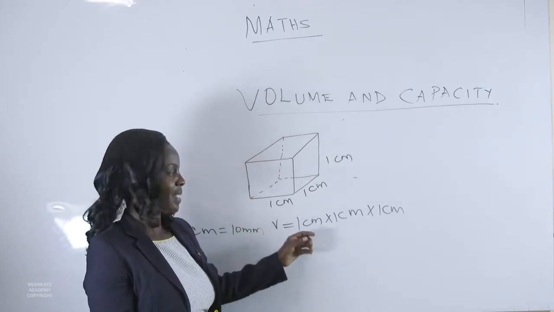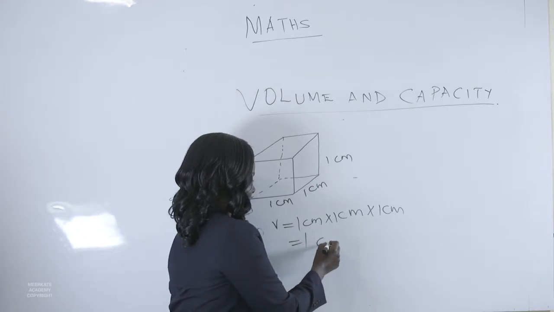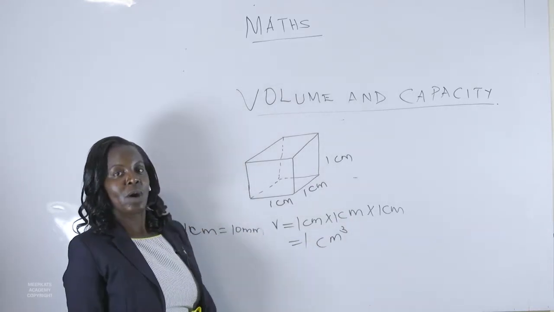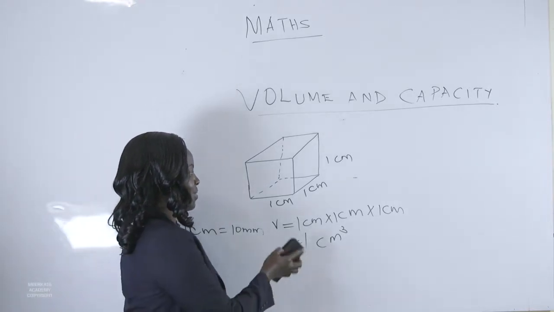You realize we are multiplying centimeter by itself 3 times. What do we have? 1 cubic centimeter.